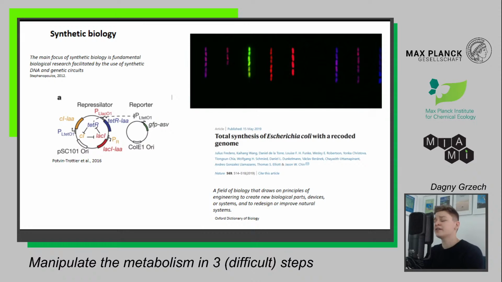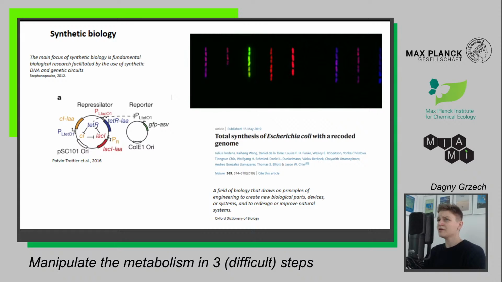And then we have the third and last area that I would like to talk about, and this is my personal favorite, and it has a very, very fancy name, synthetic biology. So synthetic biology is a field of biology that draws on principles of engineering to create new biological parts, devices, or systems, and to redesign or improve natural systems.